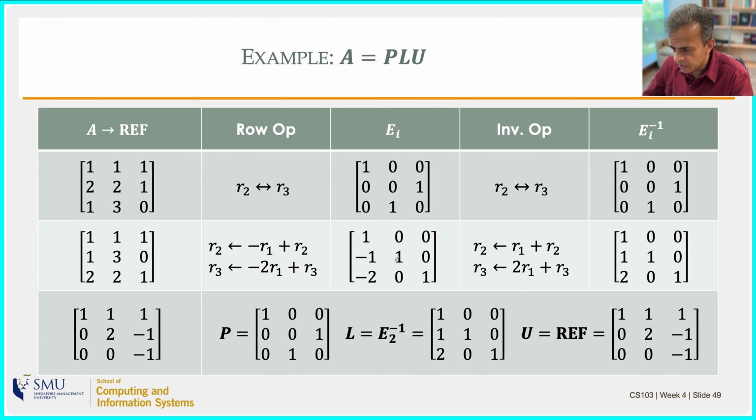And if you look at L, that is indeed a lower triangular matrix, U is an upper triangular matrix, and P is just the one row operation that we performed in the first step, swapping R2 and R3. So that is the PLU decomposition. Multiply P, L and U, and you will get A back.